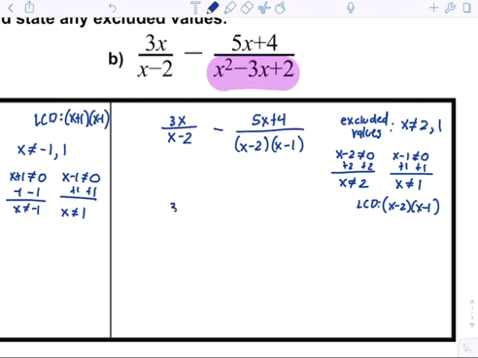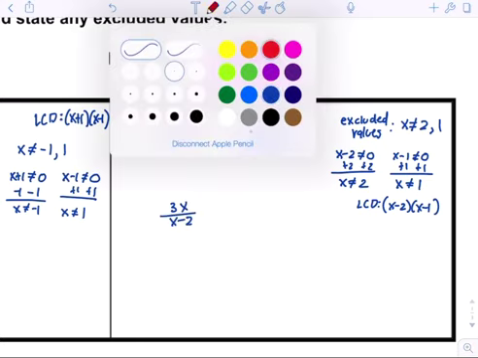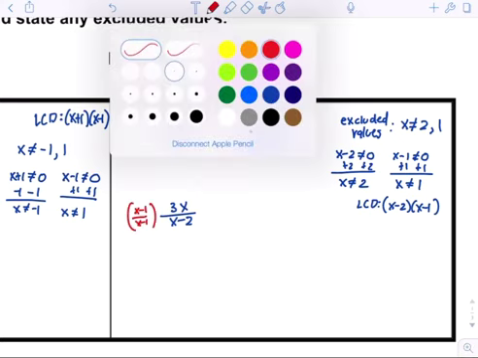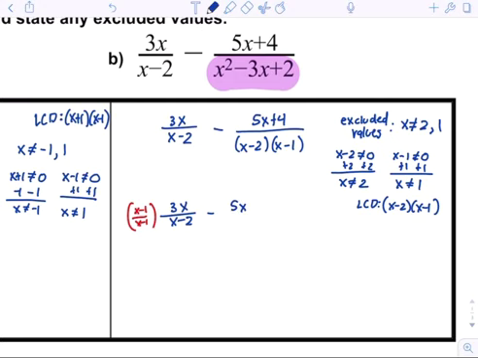So for this one, it's missing an x minus 1, which means I need to multiply top and bottom by x minus 1. And then this one is fine because it's not missing any denominator.